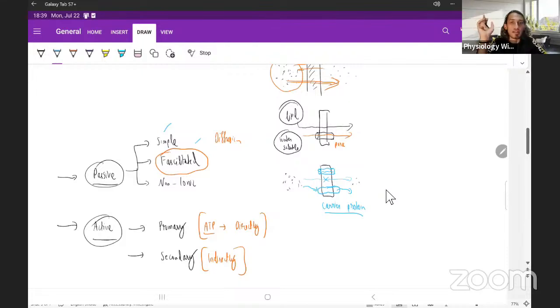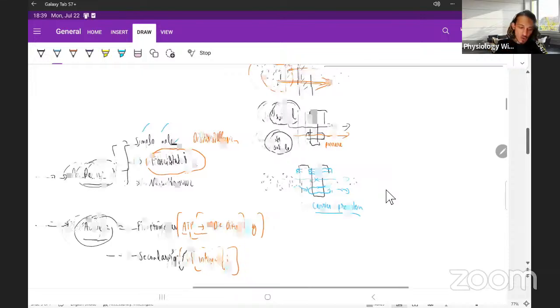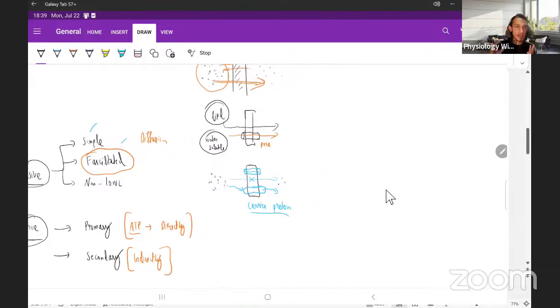Now, the thing about this is, the greater the concentration gradient, the greater the rate of flow. When the concentration gradient increases, the rate of flow increases. One question that is often going to come is the difference between simple and facilitated diffusion.